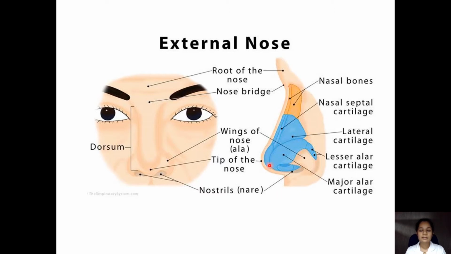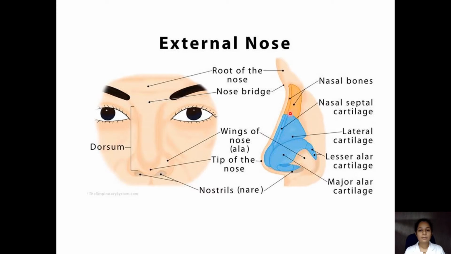This entire external nose is formed by an osseo-cartilaginous framework. Upper one-third is osseous, that is the bony framework, and lower two-third is the cartilaginous framework. This bony framework is formed by nasal bones, nasal process of frontal bones, and frontal process of maxilla.